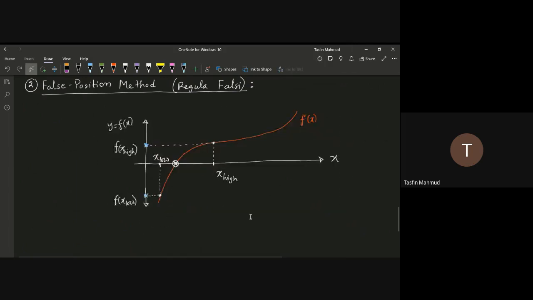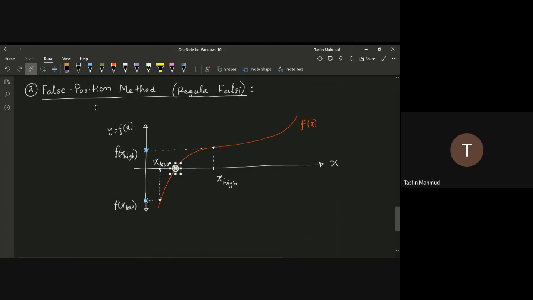So let's assume we have been given this same problem. We have to determine this root, but the method that we are going to use now is the false position method.